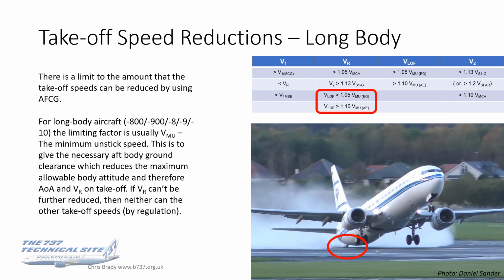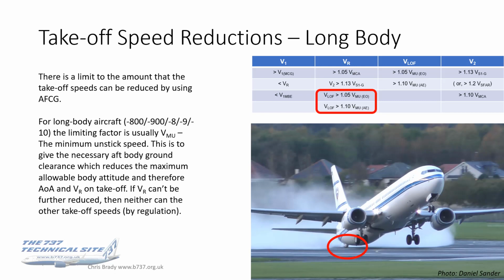And this is to give the necessary aft body ground clearance. So that reduces the maximum allowable body attitude, and therefore alpha, and therefore VR on takeoff.